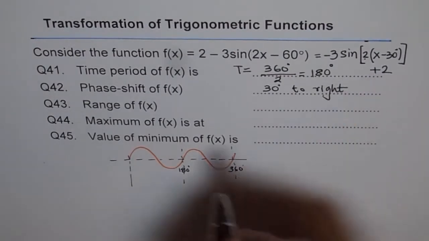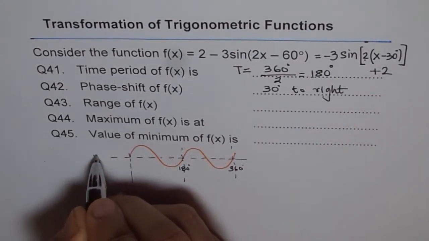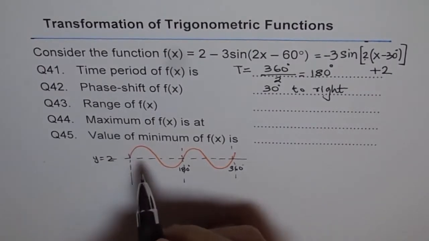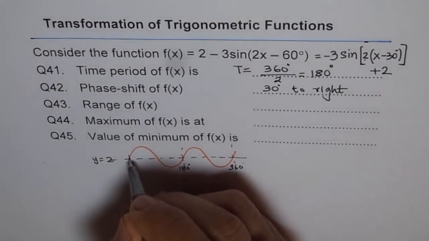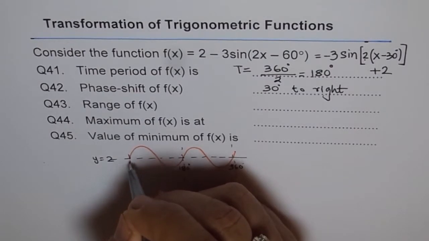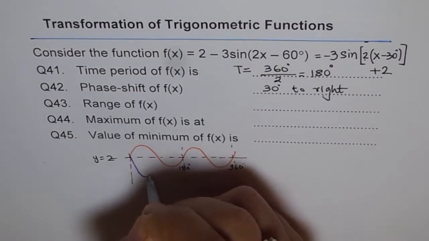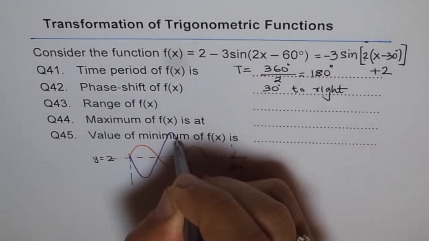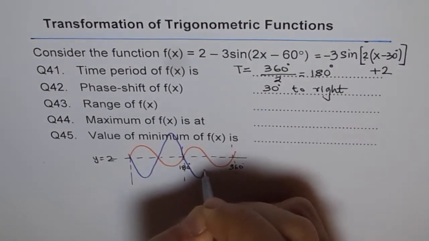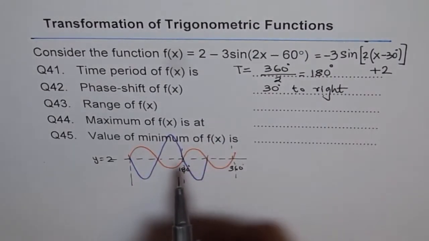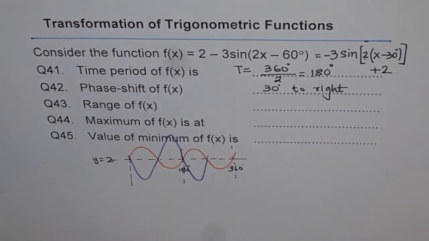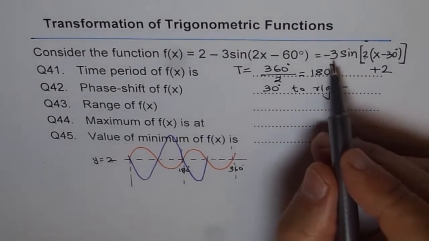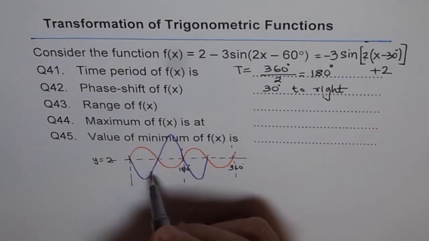So think like this. The whole thing has moved to y equals 2, and now because it is flipped, it will look like this, but very enlarged. It will be 3 times, I'm not drawing that big, but it will be kind of like this. So all the values get multiplied by 3, and it flips like this.